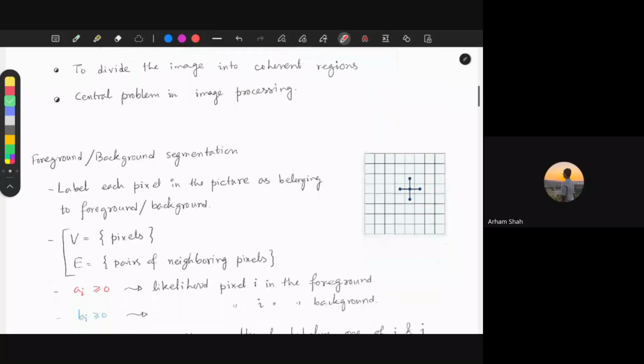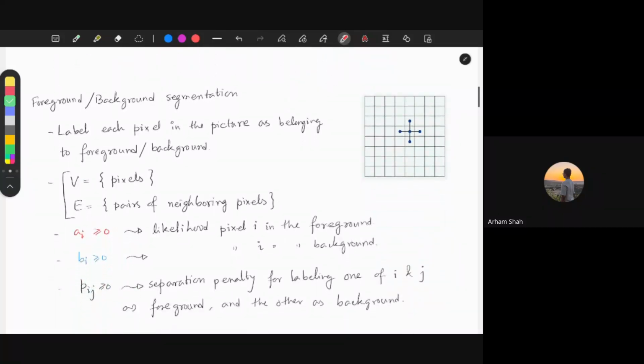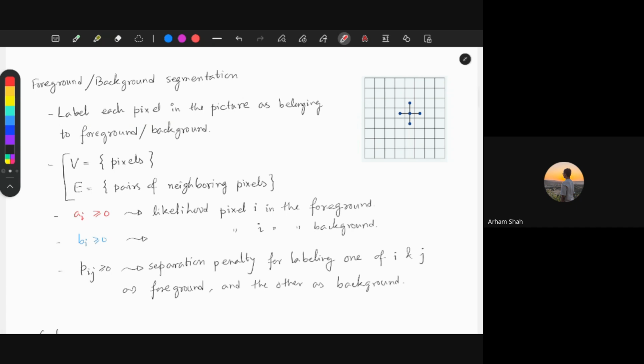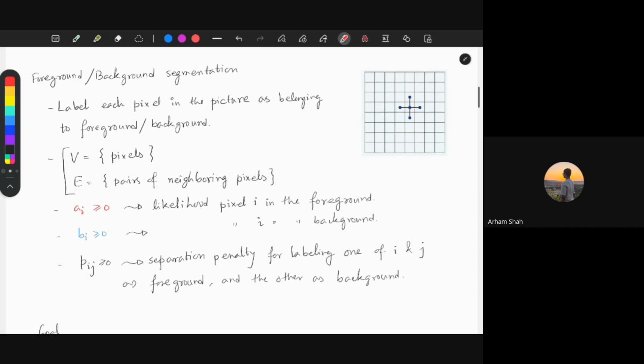Initially, this problem was studied using flows and networks. There has been a lot of progress on this problem, but when people started studying it, they did it like this. They label each pixel of the image. You can divide the image into various pixels with RGB values, each belonging to foreground or background.